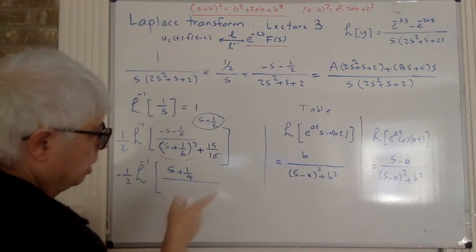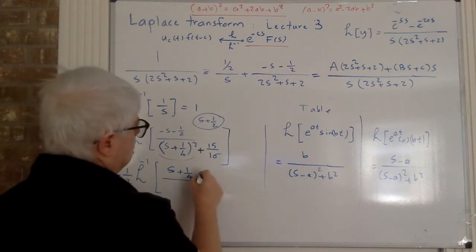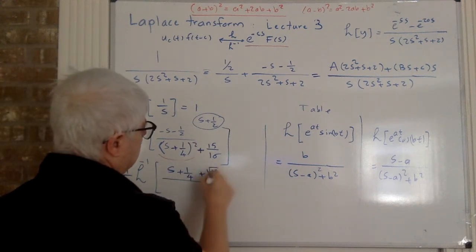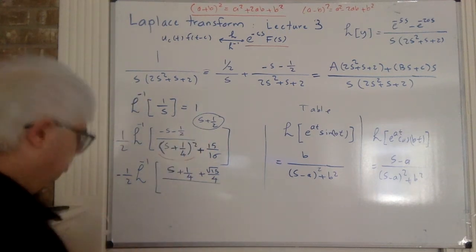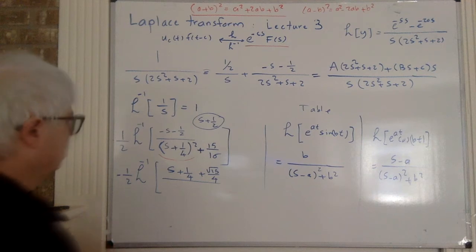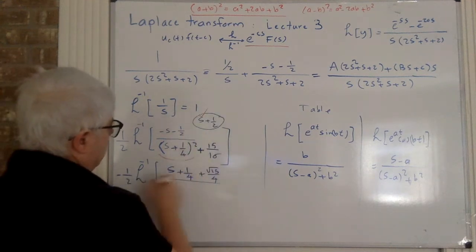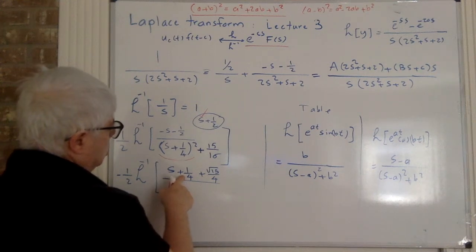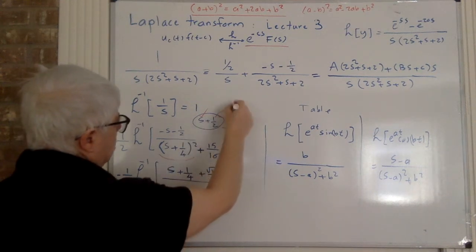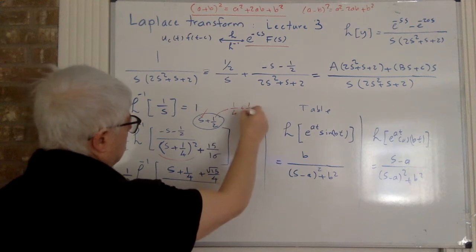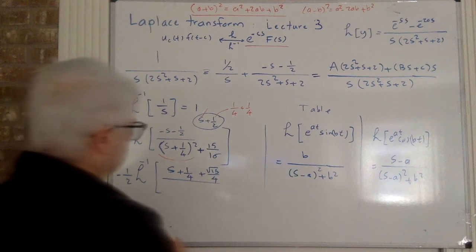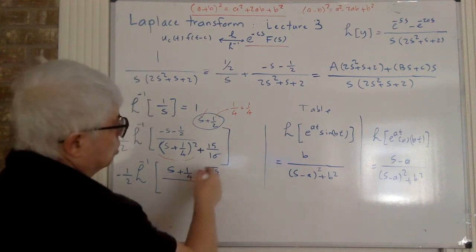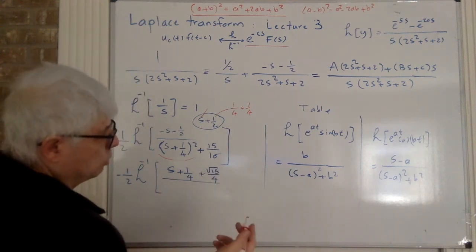I need this, and I also need b, so I also need plus square root of 15 over 4. I have s plus 1/2. The s is there, okay. I have 1/4, so 1/2 comes out of this, 1/4 plus 1/4. And I need square root of 15 over 4, so I just write square root of 15 over 4 minus square root of 15 over 4, right?